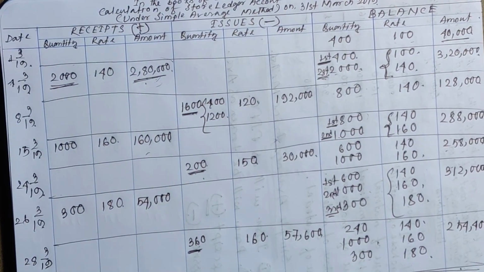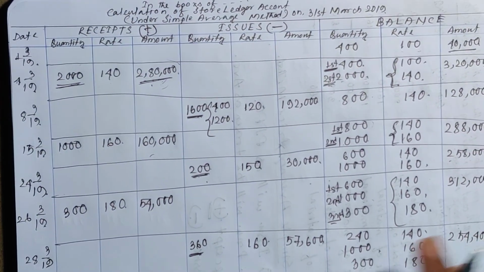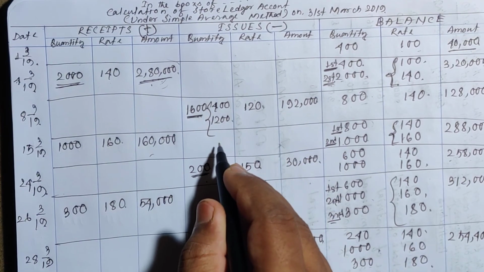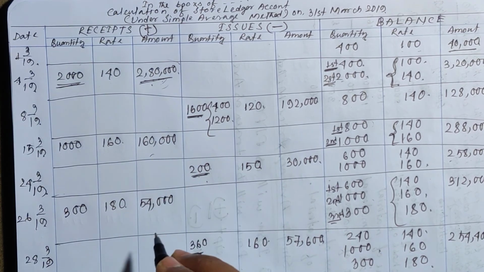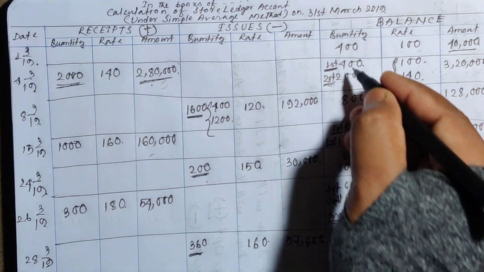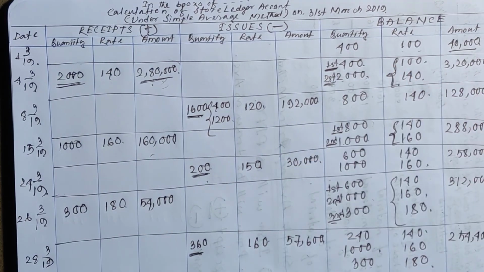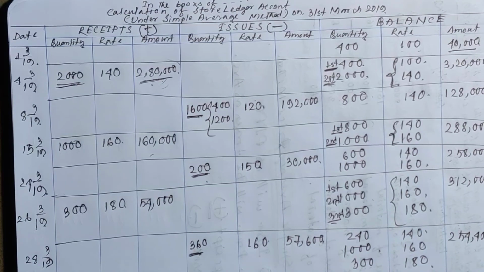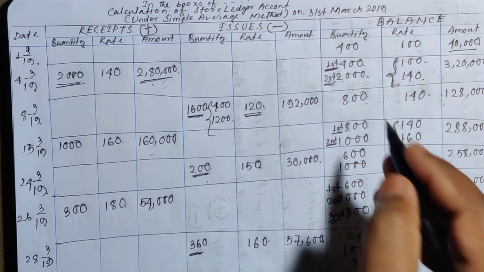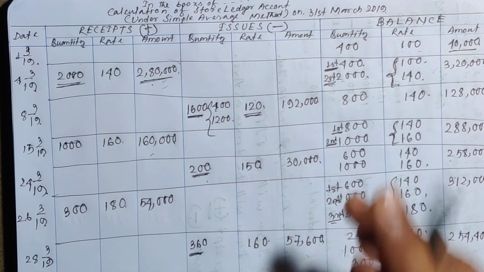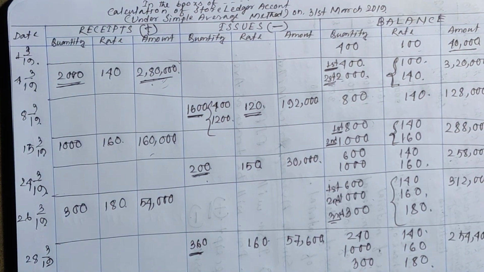And in this simple average method, firstly for issue I have to follow the FIFO method. That means the issued unit will go from the first lot, then the second lot, and the issued price will be the average price of the present stock. This is the procedure. So there are 4 tricks.